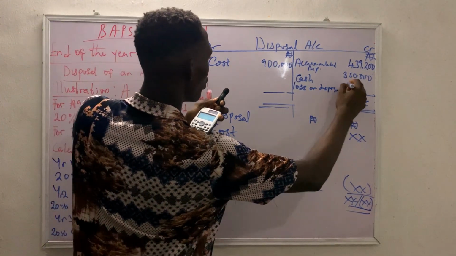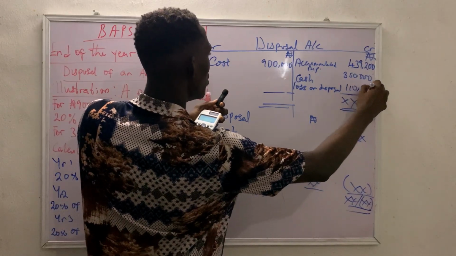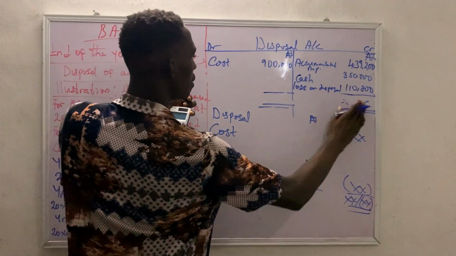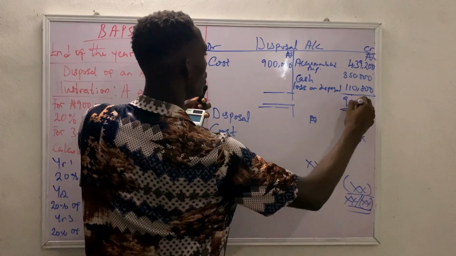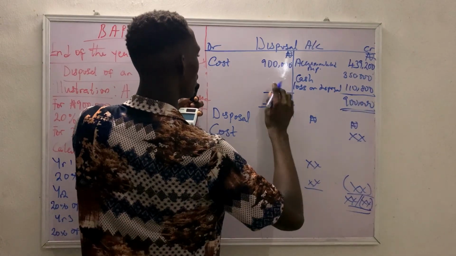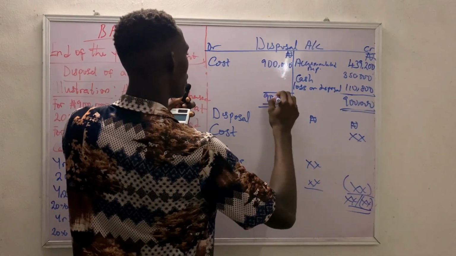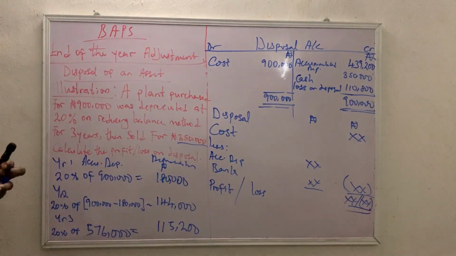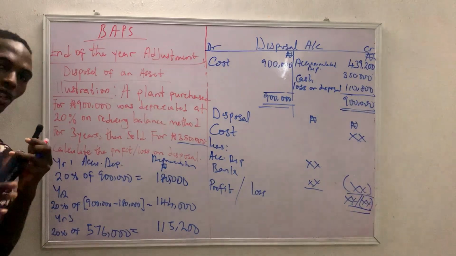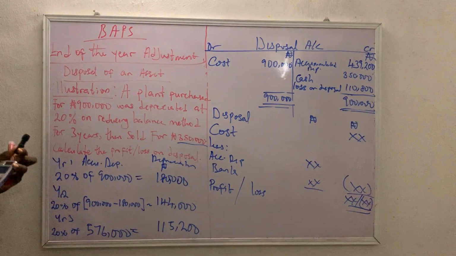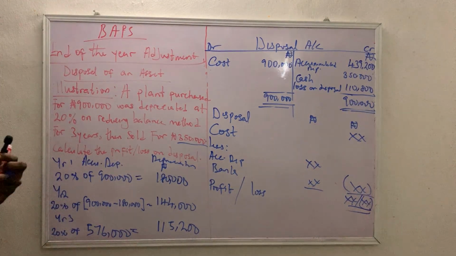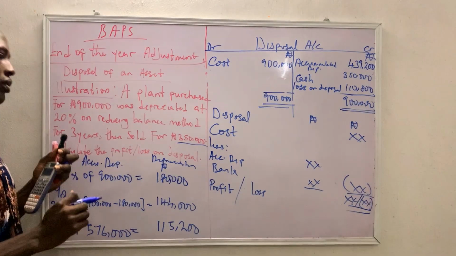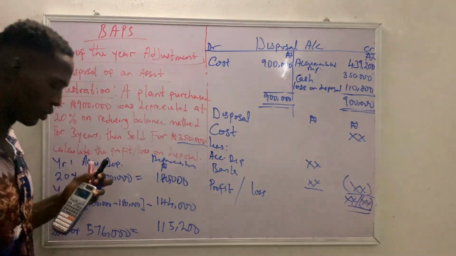That will give us 110,800. So we made a loss on disposal. That's it. That's all that you need to know. Especially when you are not dealing with a CBT format or a short answer question, then this will help you go a long way. So that's all that you need to know on this.